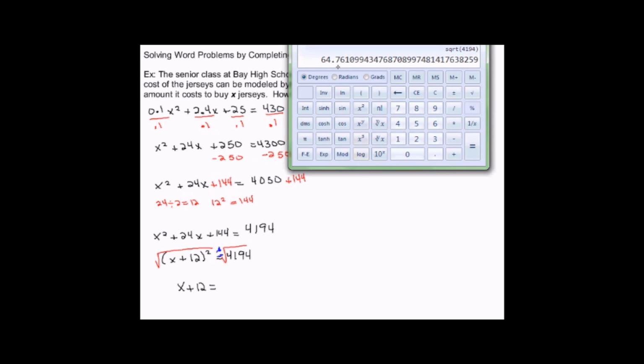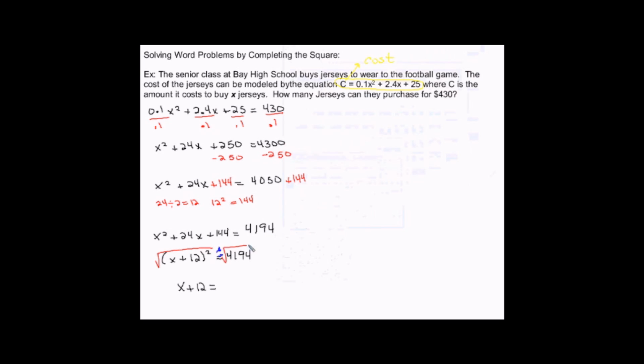64.76. Alright, so I'll do 64.76 plus or minus. So maybe write that right here. X plus 12 is equal to plus or minus 64.76. Subtract 12 from both sides.